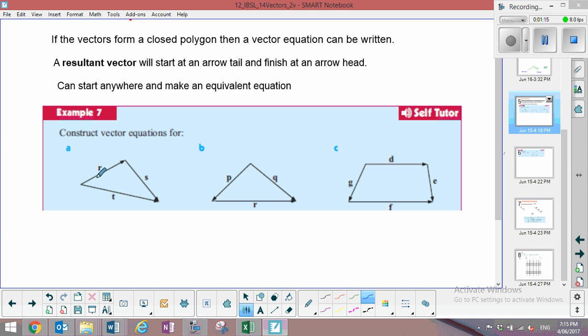Our resultant vector always starts where we've started, like our origin, and we finish here at the end. So there's our finish. We have a double arrowhead at the finish and the double tails at the start. Where there are two tails we start, where there are two arrowheads we can finish.